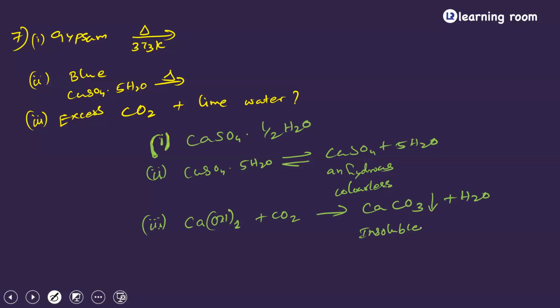So when you pass excess, what will happen? Calcium carbonate plus carbon dioxide plus H2O will form calcium bicarbonate. So it becomes soluble. Okay? Clear?